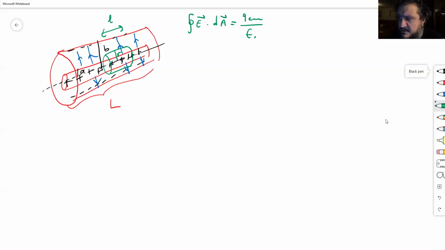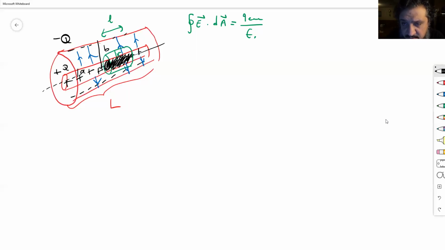Now the total charge is Q, negative Q here and positive Q on the inside. But how much charge do I have here? Only inside the Gaussian surface.